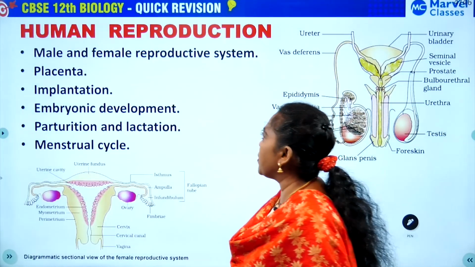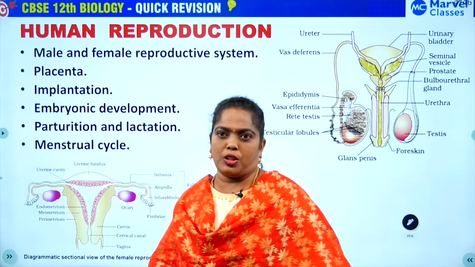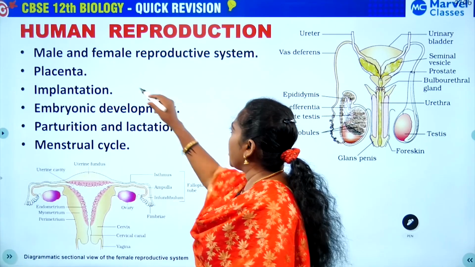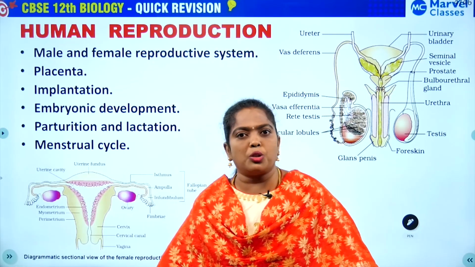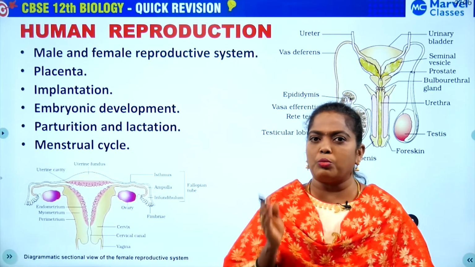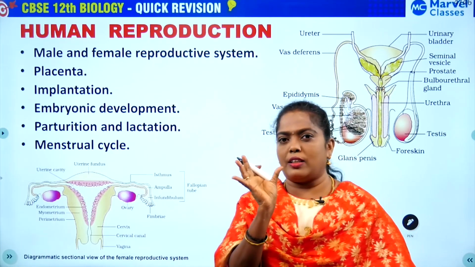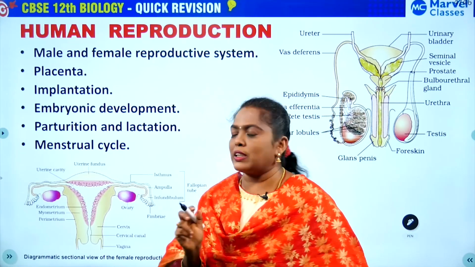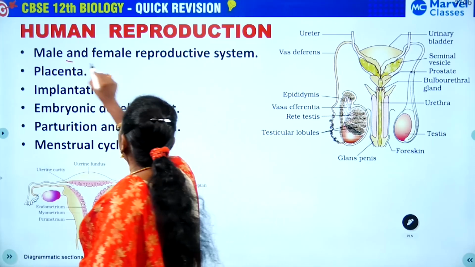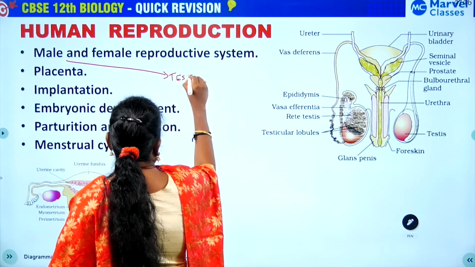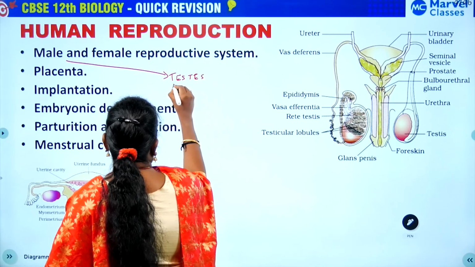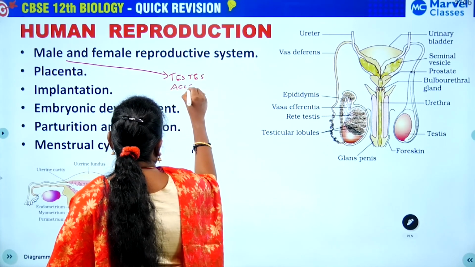Then the second chapter is human reproduction. So here again the important question is the male and female reproductive system. When they are asking you about the male reproductive system, you can just split it into certain subtopics. Like you can say, first for male, the pair of testes. Then go for accessory ducts.